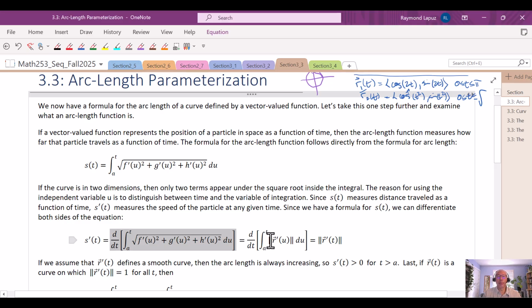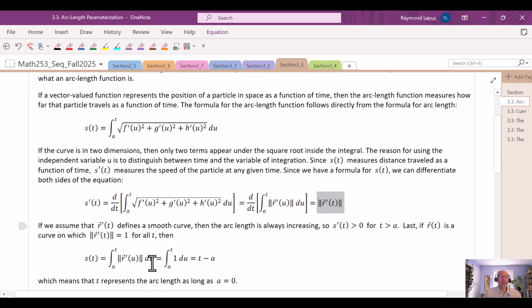So remember, we found a way to write the integrand in a much more compact way, and that's the magnitude of r prime. And so here the derivative of an integral is going to be the original function, which is just the magnitude of r prime. Okay, so that's really interesting.